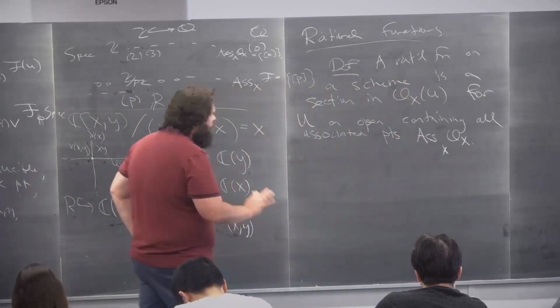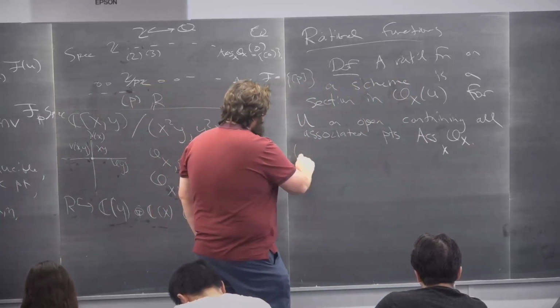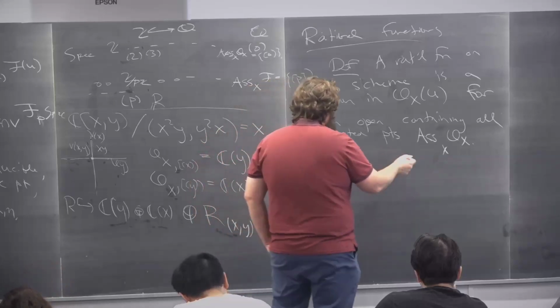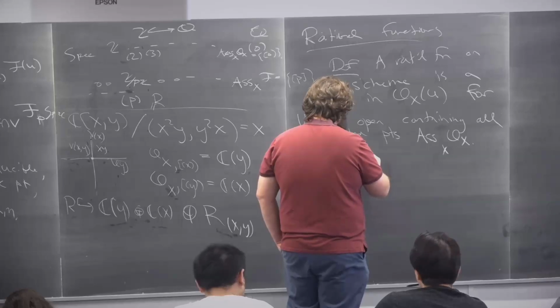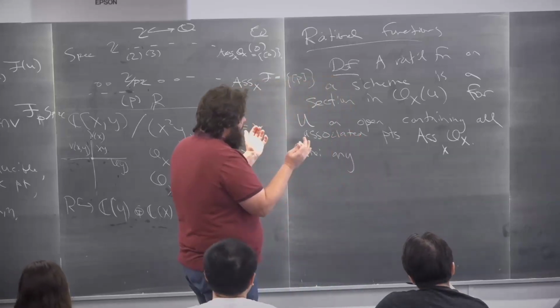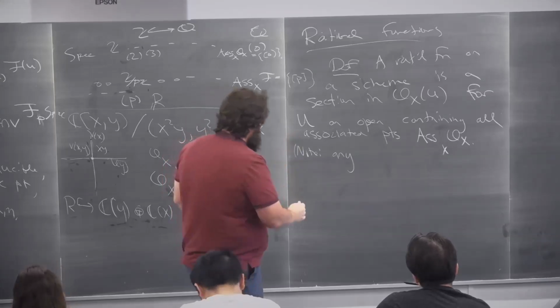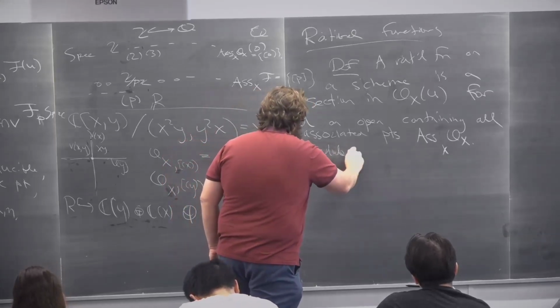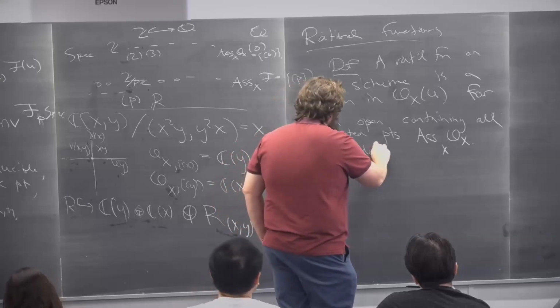But usually, if I have a section, I should say, modulo identification under restriction.